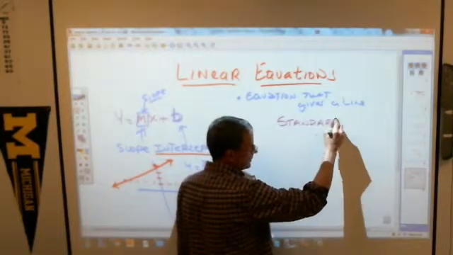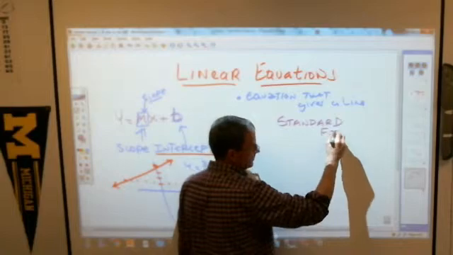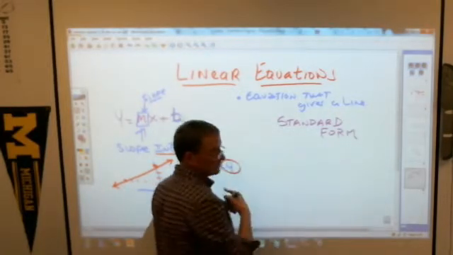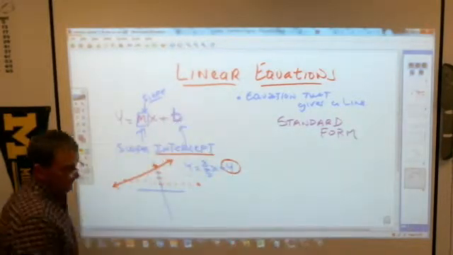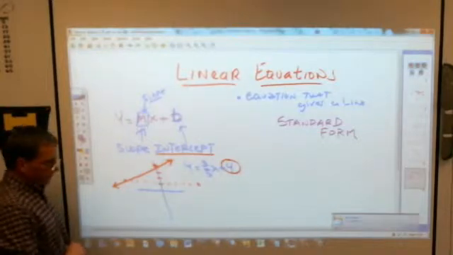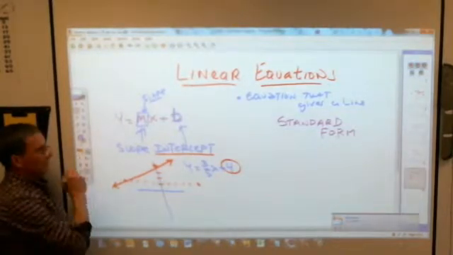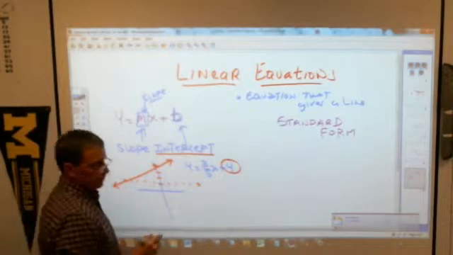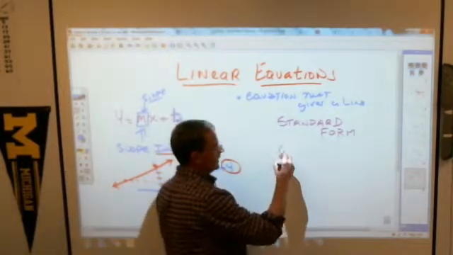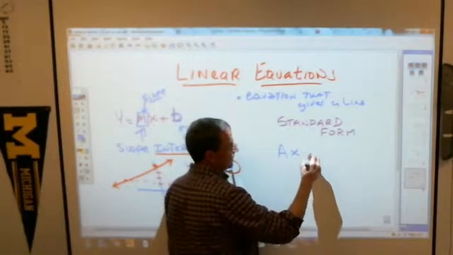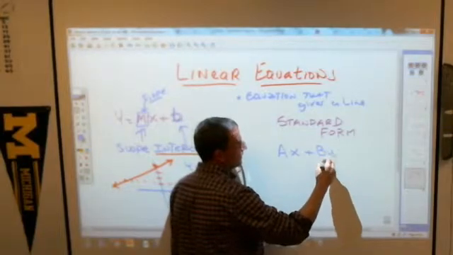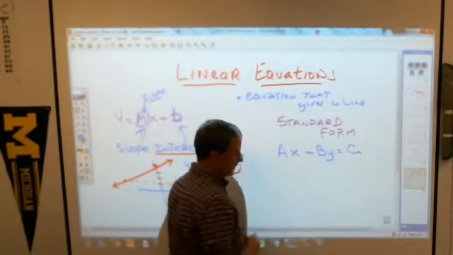I don't know why it's called standard form. Maybe it was the first one and it was the standard before slope intercept, I don't know. The standard form of a linear equation is in this form: Ax + By = C.